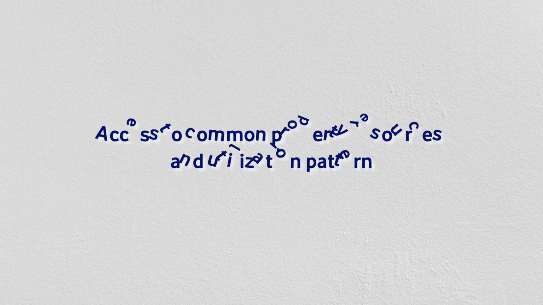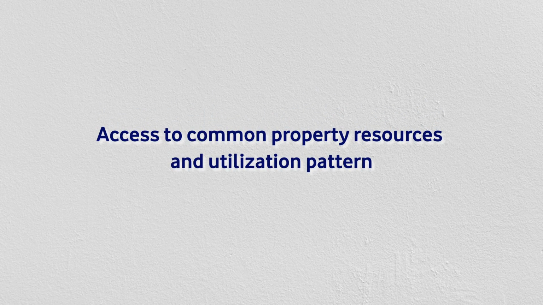So, when we go for impact assessment in this manner, the environment and the natural wealth also tell us a great deal about the socio-economic conditions of the people who have been living in that area. Regarding environment, one of the important parameters is, do they have access to common property resources, and what is the kind of utilization pattern.